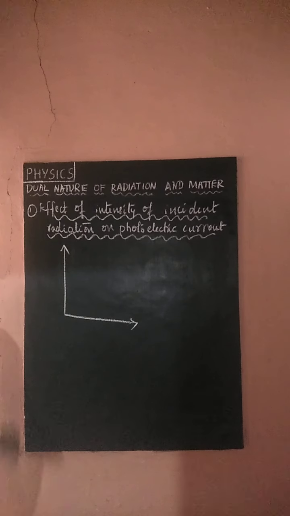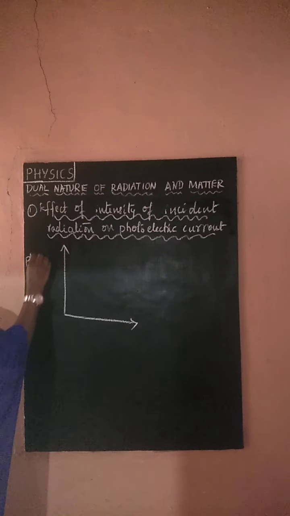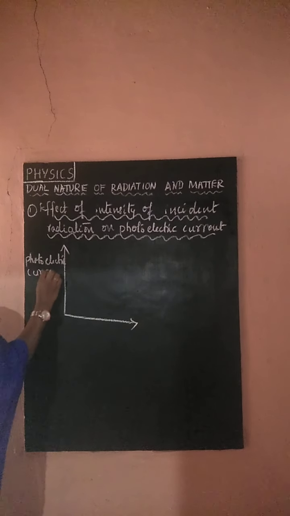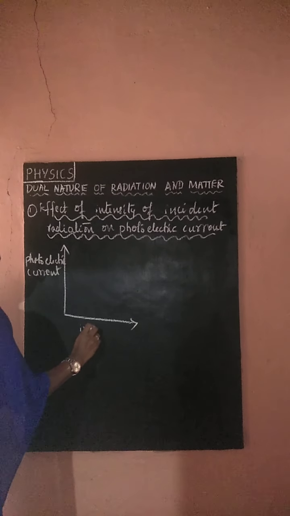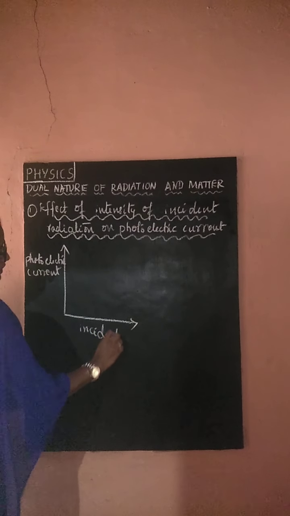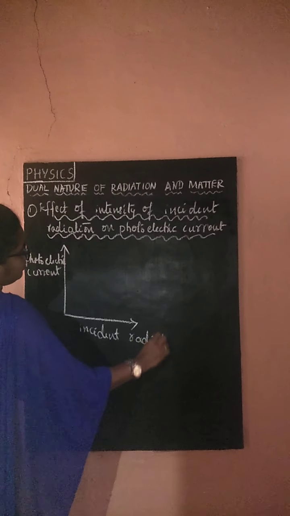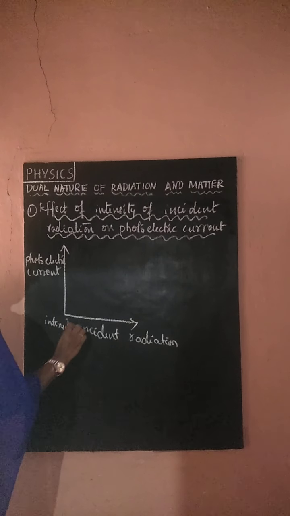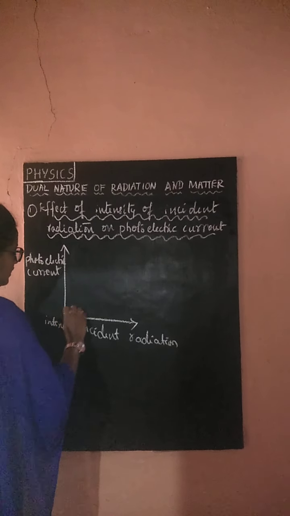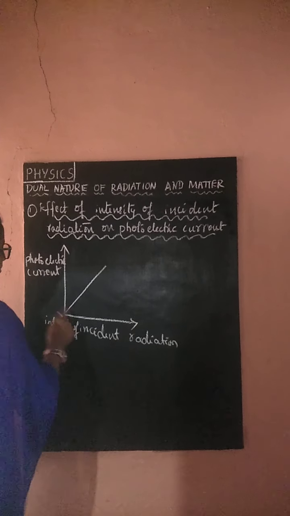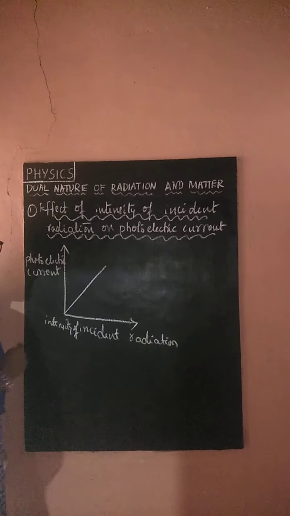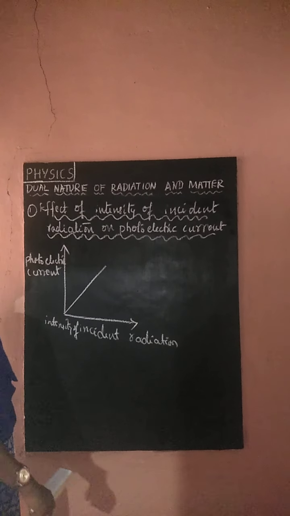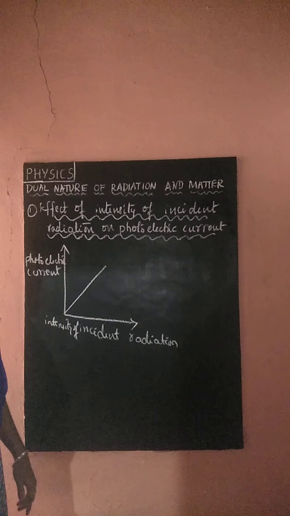In this diagram, photoelectric current versus the intensity of incident radiation, the graph will be like this. It is a straight line. This is the effect of intensity of incident radiation on the photoelectric current.